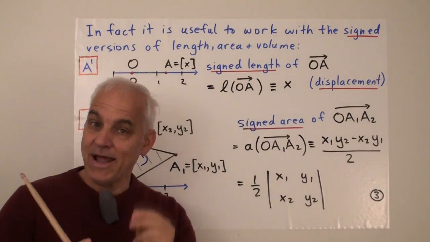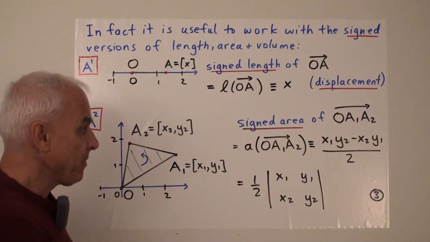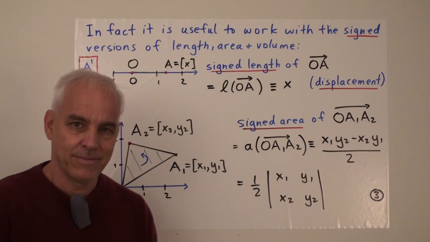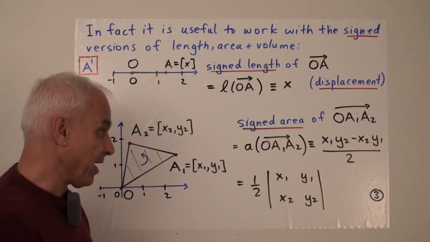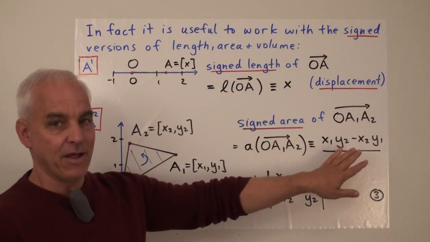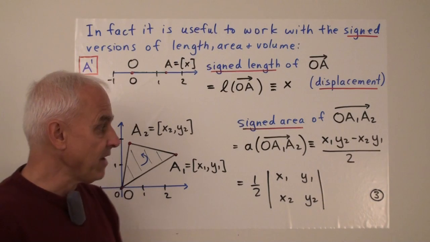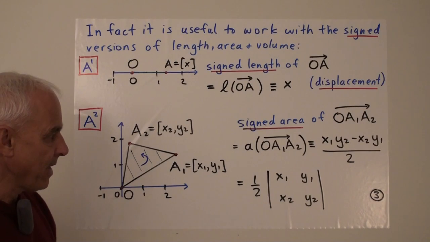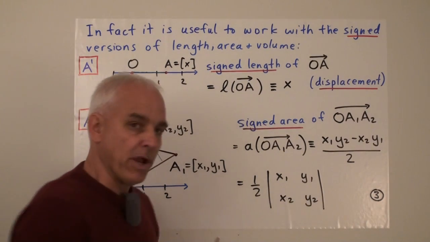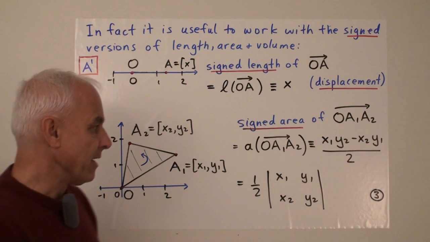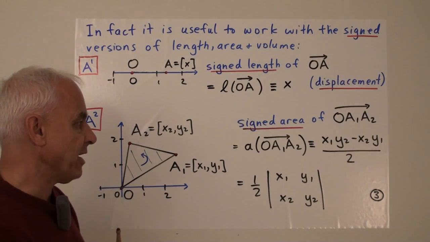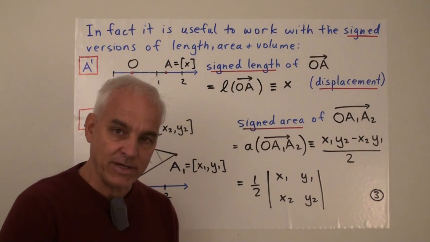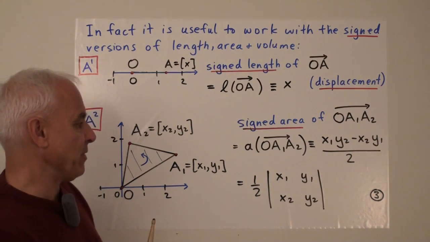We can associate to it a number, which is the number (x1 y2 minus x2 y1) over 2. That is basically our definition of area in the plane, but it is without an absolute value, so it can be positive and can be negative depending on the relative positions of these 3 points. Now this quantity here that's occurring in the numerator is a very important kind of algebraic construction in mathematics, and it's closely connected with this 2 by 2 array or matrix that's very important in linear algebra.